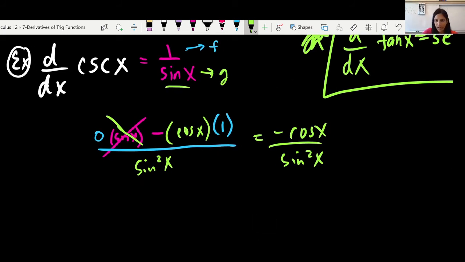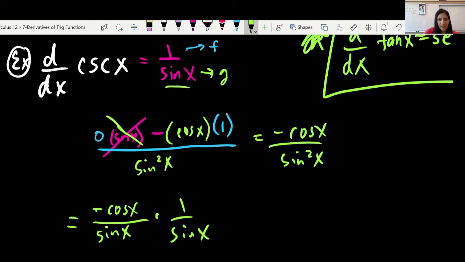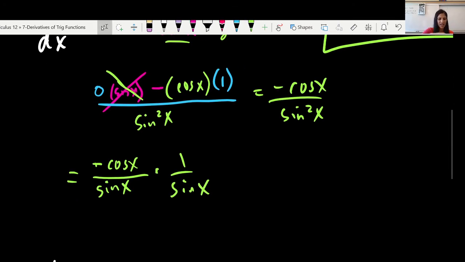When we work our way through that, I'm going to move it down here: equals negative cos x over, I can separate them, sine x times 1 over sine x. The reason I did that is because cos x over sine x is the same thing as negative cotan x.